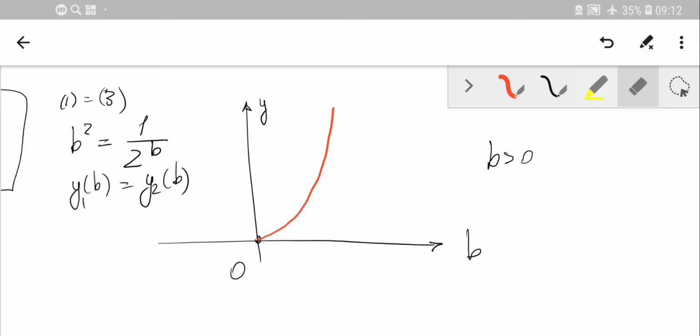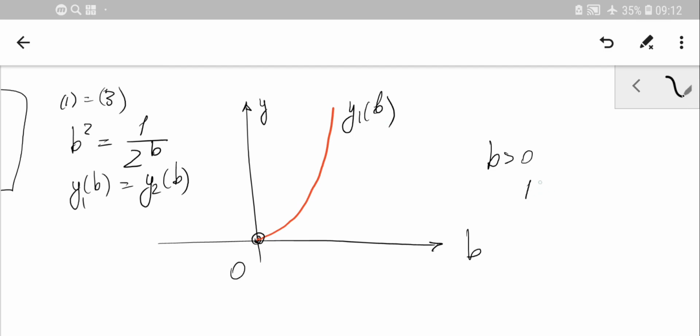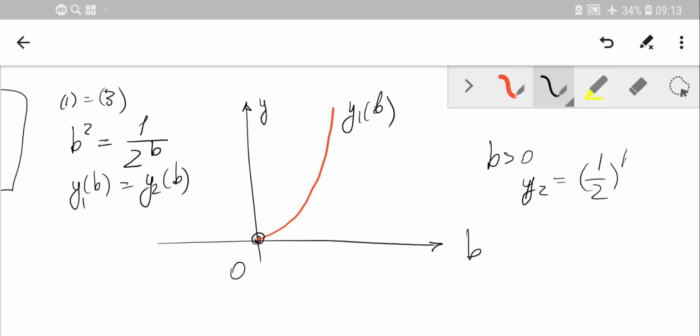So we erase that, and since B is strictly more than 0, we also exclude that point. Let's consider the right part of the graph. This is y1 of B. On the right-hand side, y2 is a simple exponent, like a to the power of x, here 1 over 2 to the power B.